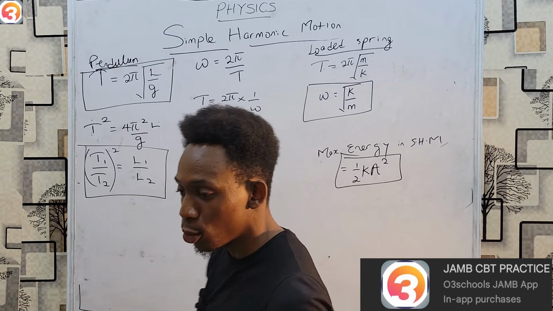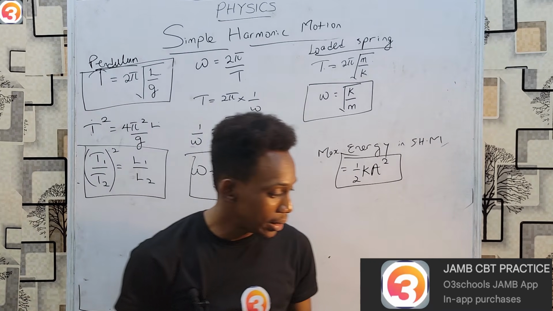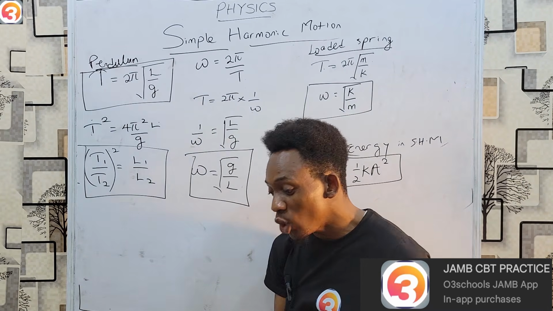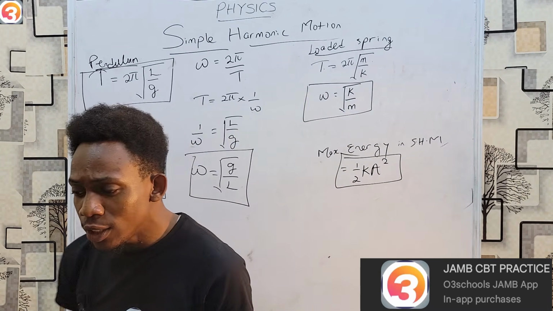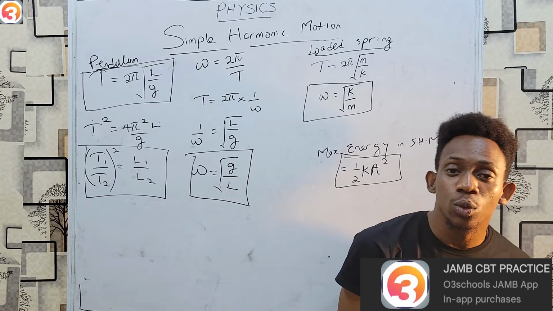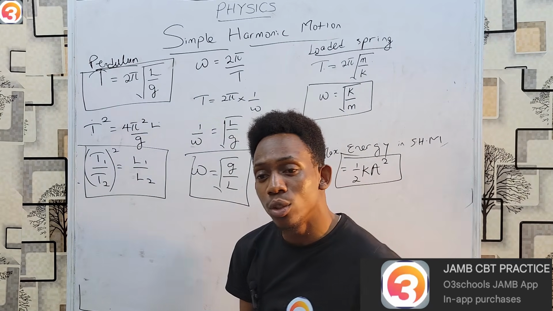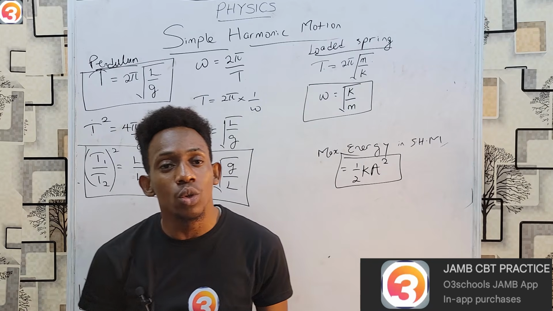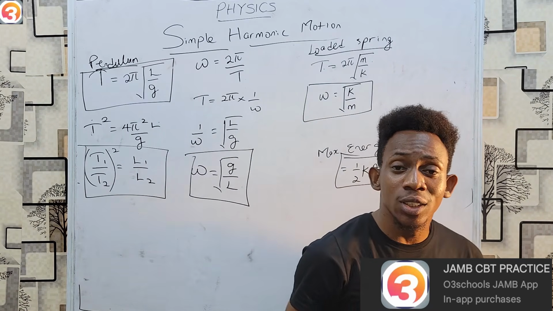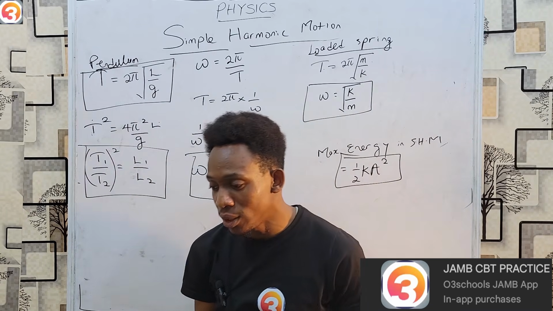Now, the last key we should know is something known as resonance. Well, what is resonance? Resonance simply occurs when a body vibrating at a frequency forces another body into vibration at its own natural frequency. How does this work? Every single object in the universe has a natural frequency.